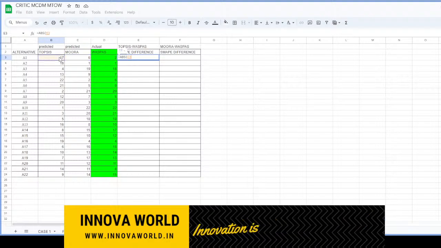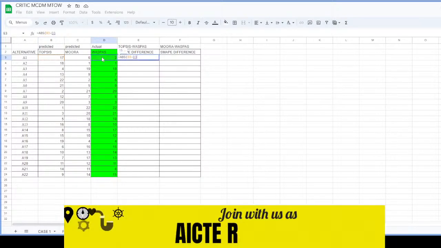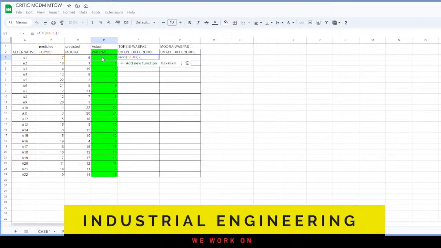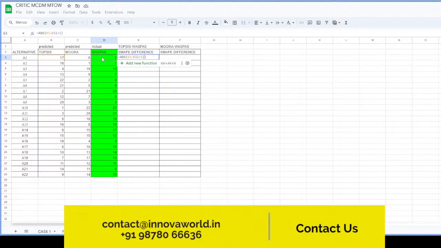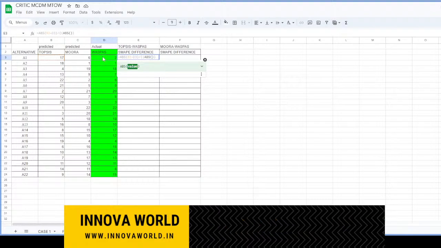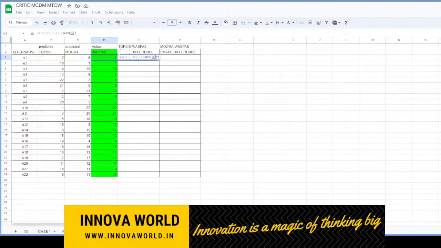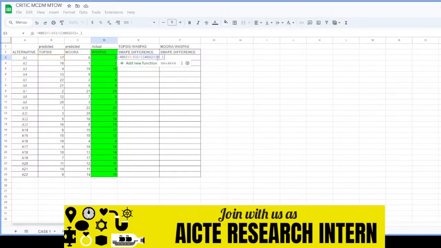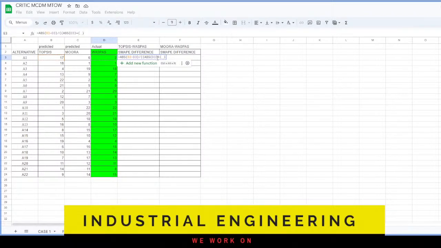First I'm finding it with TOPSIS, so I'm using this cell minus my actual one, close the bracket, divided by open the bracket. Within the bracket I'm going to use ABS of my actual one plus, again a bracket, otherwise I might get an error.